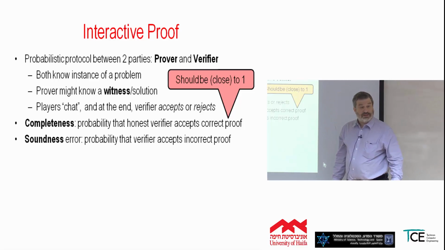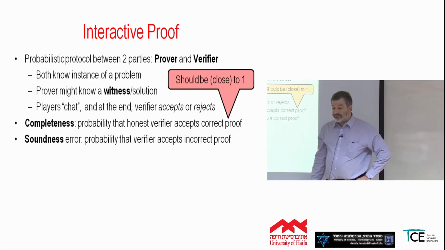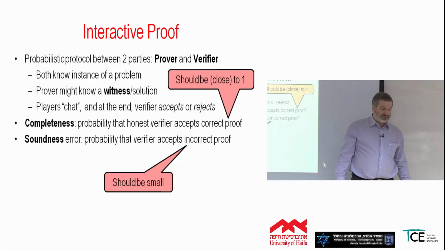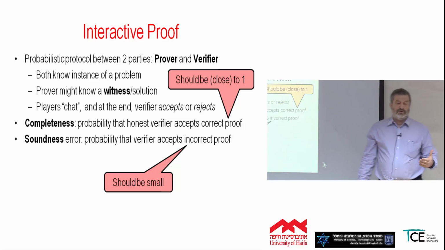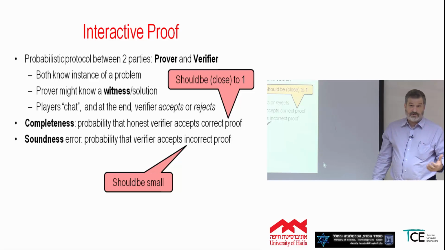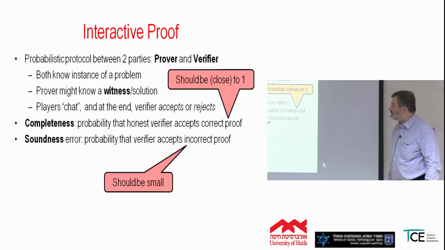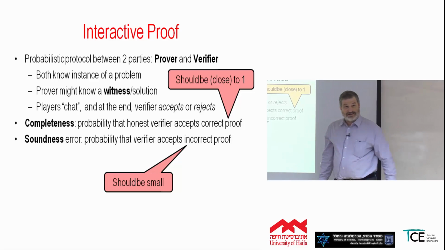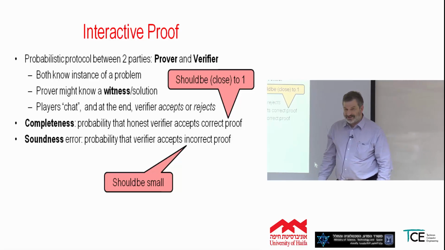Second, we want soundness: the probability that the verifier accepts an incorrect proof should be small. Ideally, of course, we would want it to be 0, but in almost all cases it's non-zero. It's something small, and we want to make it as small as possible. Actually, we're going to see in this talk one counterexample where it is going to be 0.